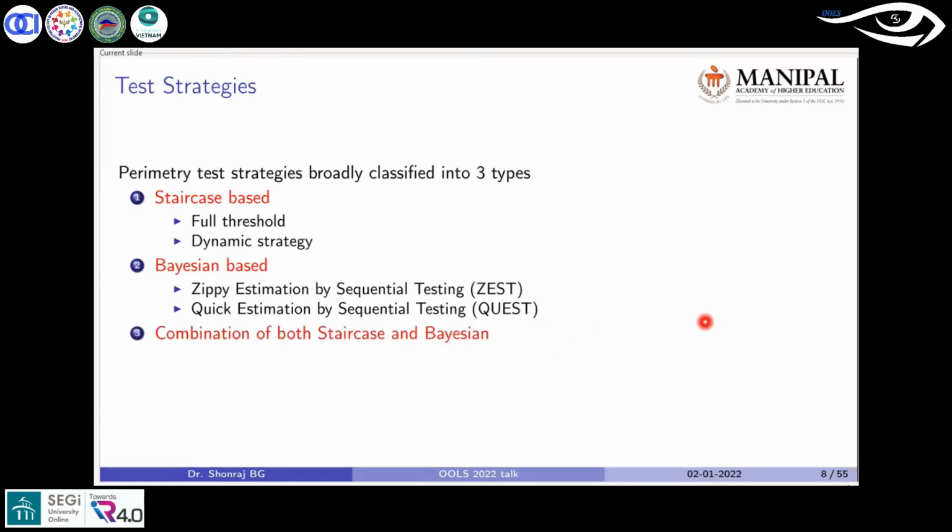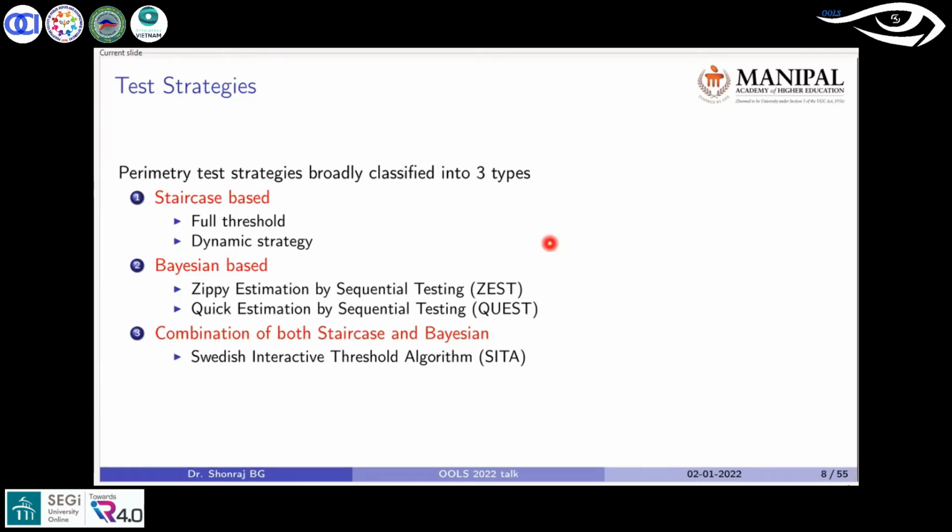And finally, you have a combination of both staircase and Bayesian-based procedures. The most common of all is SITA, the Swedish Interactive Testing Algorithm, which is very popular and implemented in the Humphrey field analyzer.